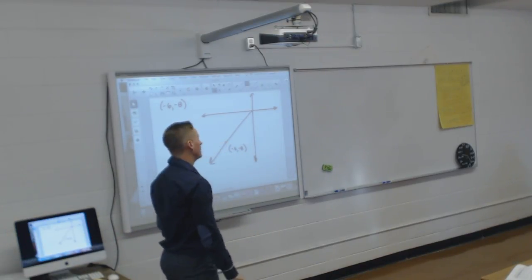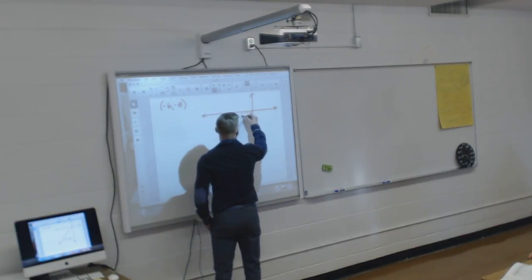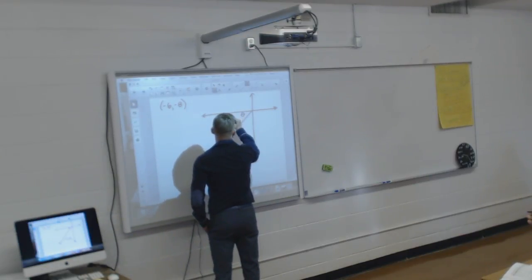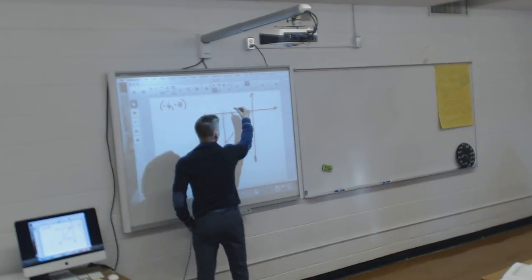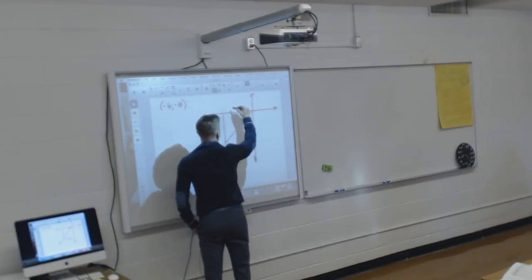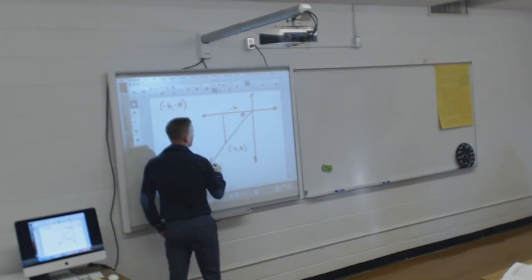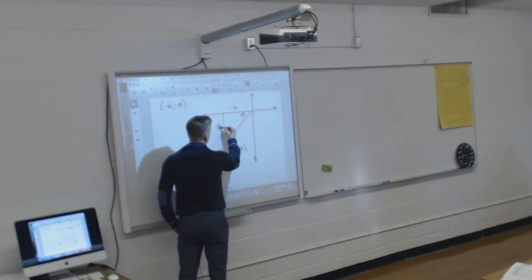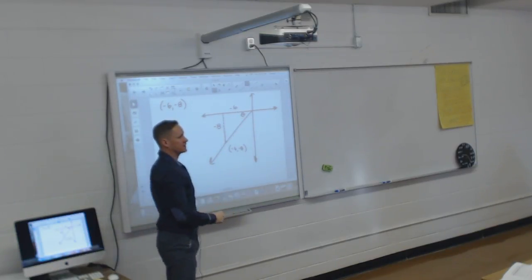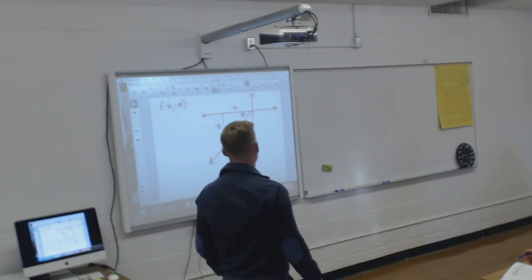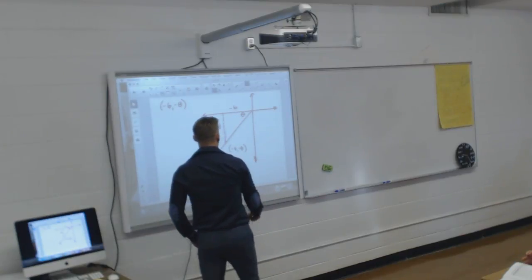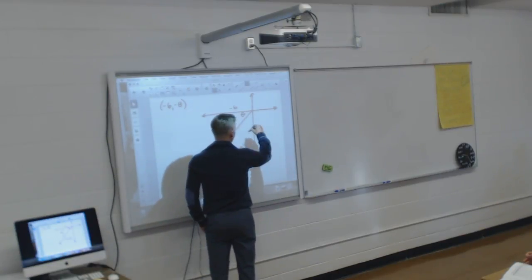With the x-axis. Okay? My x value is? My y value? What's the first thing I need to find? R, which is? I'm going to do it quickly on the calculator.